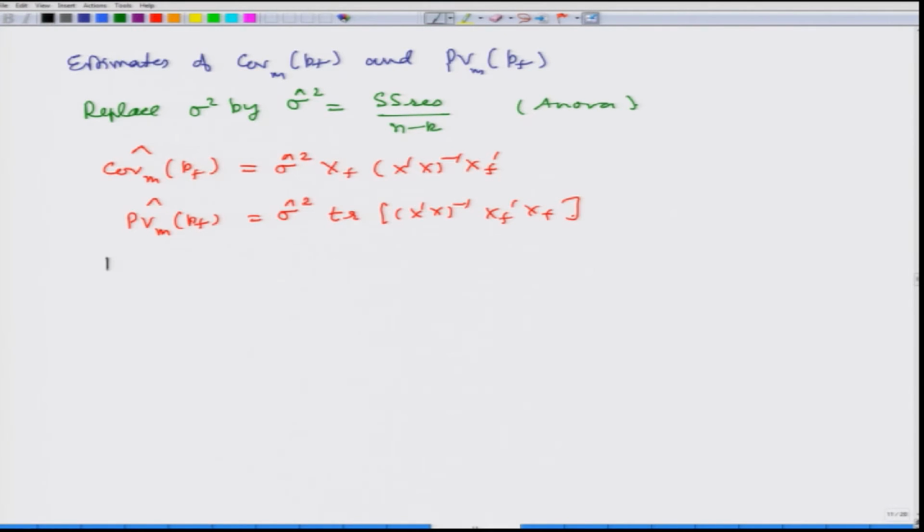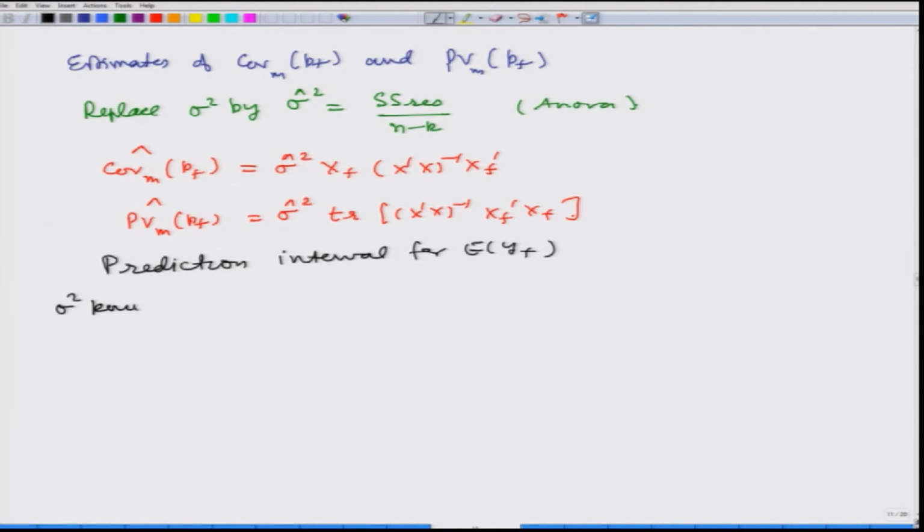Now, we obtain the prediction interval for the expected value of Yf. The prediction interval can be obtained exactly in the same way as we have done in the earlier lecture. So, we will consider two possible cases.